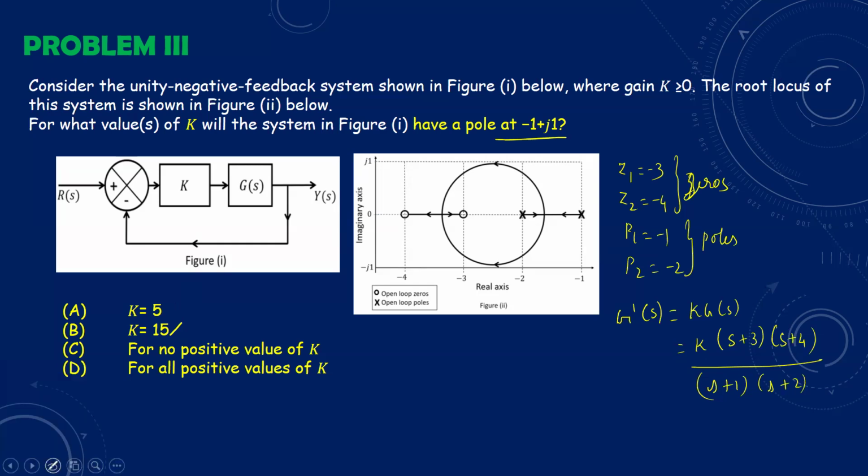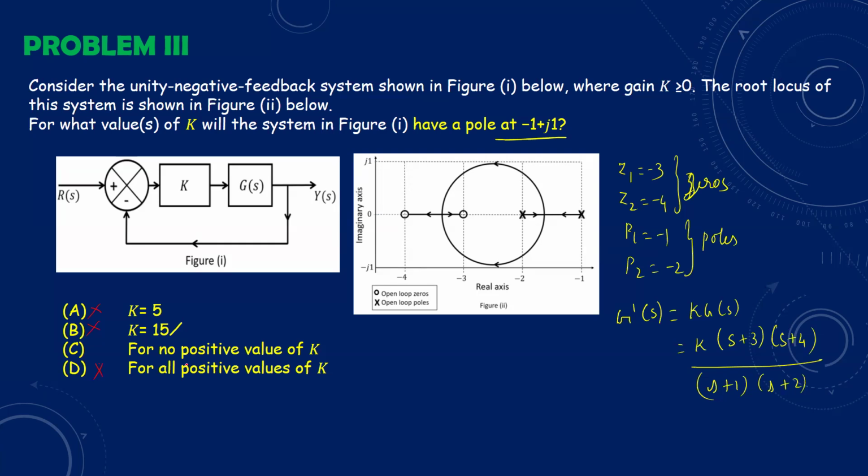And option B, k equal to 15, that is also wrong. For all positive values of k there will be no change in the poles, so option D is also wrong. And option C, for no positive value of k. So they have given it only for no positive value of k.